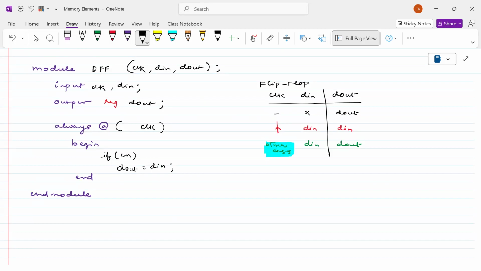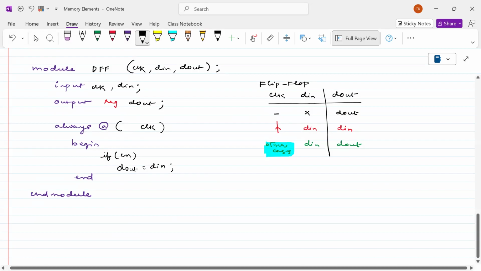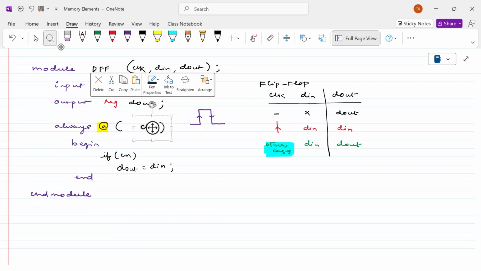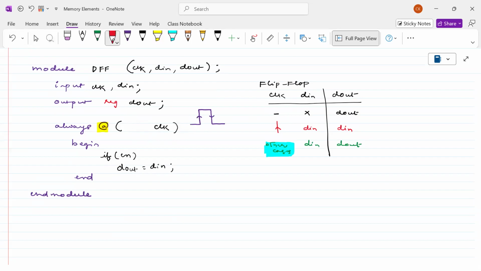Which one are we talking about, the 0 to 1 change or the 1 to 0 change? Positive edge is the 0 to 1 change. Therefore, in Verilog we have a provision to use this with the help of posedge. It is a keyword we can use: posedge.